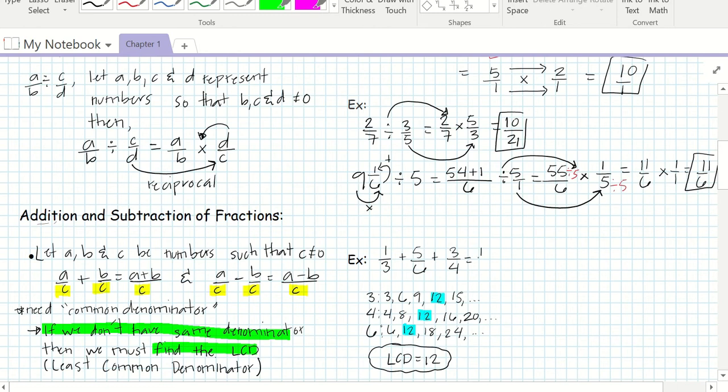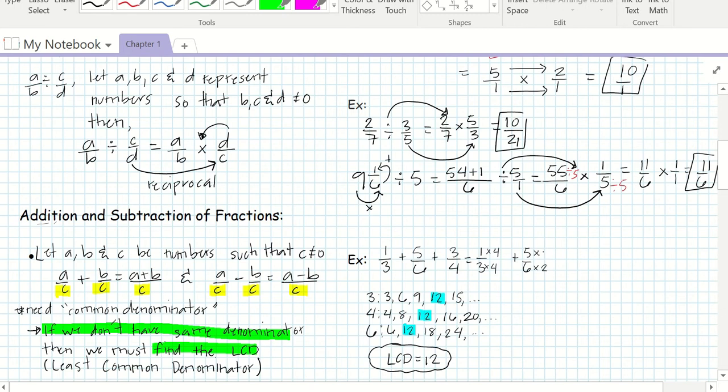So I have 1 over 3. Now we don't add, we don't subtract, we multiply. 3 times what number gives me 12? Well, that is 4. So I'm going to go ahead and multiply times 4, the bottom and the top. Plus 5 over 6. 6 times what gives me 12? 2.